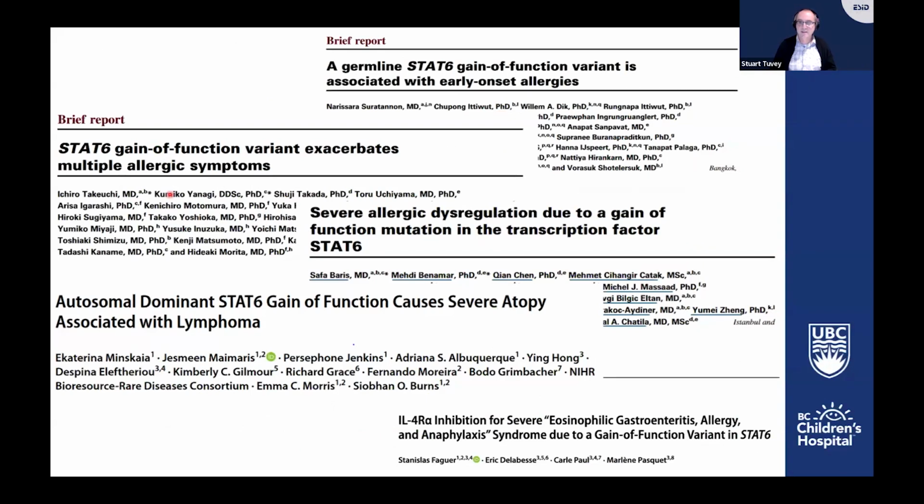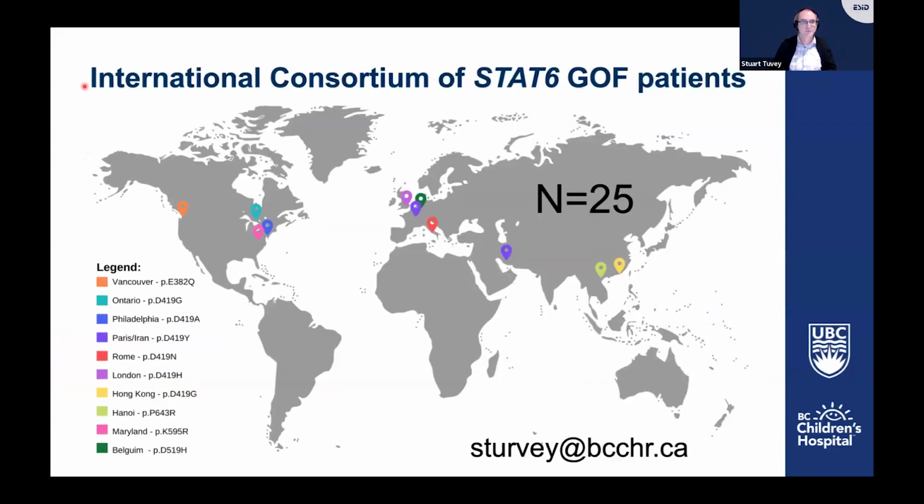But also to highlight that, as we saw in Bodo's history, STAT6 gain-of-function was a disease that was just ready to be discovered. And so now multiple groups across the world have identified unrelated families with exactly this phenotype and with many of these same genetic changes.